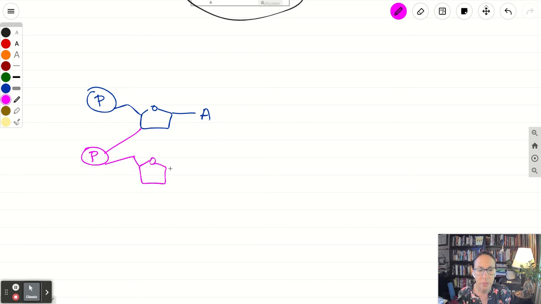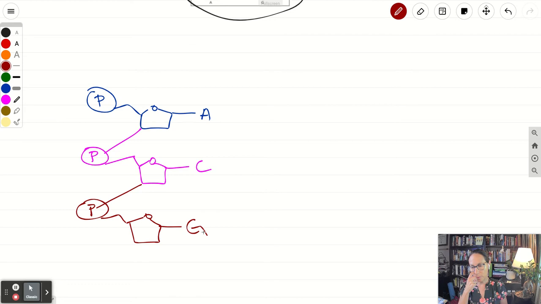So here is the sugar, and then I'm just going to put a C here, okay? Then I'm going to draw another nucleotide. Another nucleotide is bound here. Okay, so I'm just going to draw 3 of these. And then I'm just going to put a G, okay? So remember, the A's and the G's have 2 rings. The C has 1 ring because it's a pyrimidine.